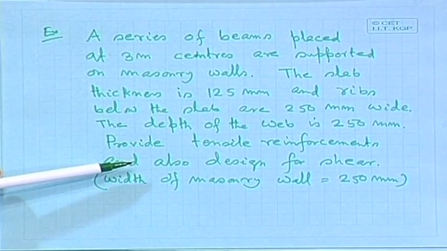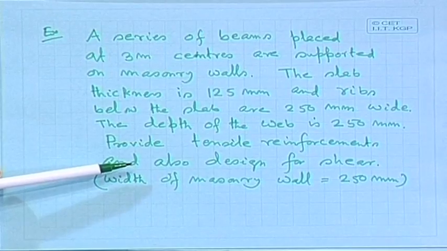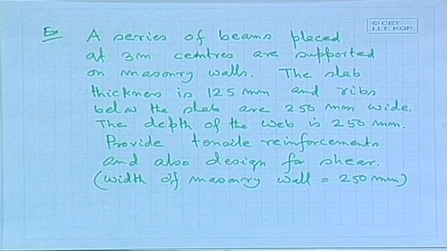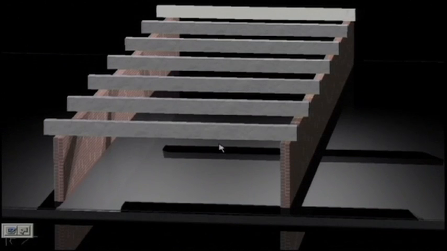We have to provide tensile reinforcement, because for the other part we shall put only hanger bars. So, tensile reinforcement, and mainly at the support, because we can take this beam as a simply supported one.